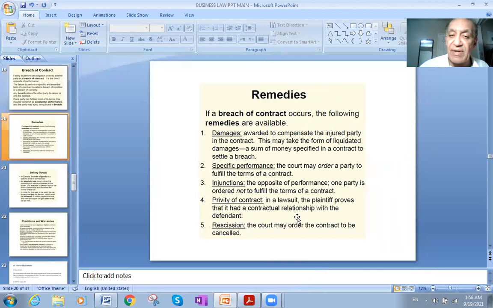I did my part, so why would I be in breach? There will be no breach. The breach of the contract is for the person who did not do his own part, who did not do his responsibilities mentioned in the contract.